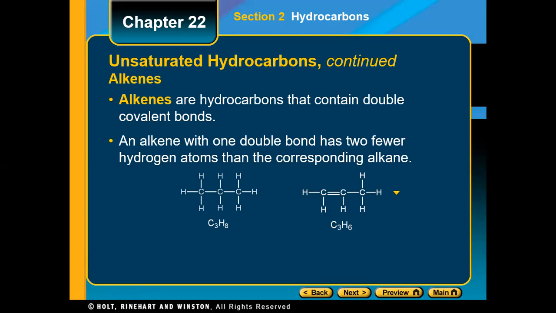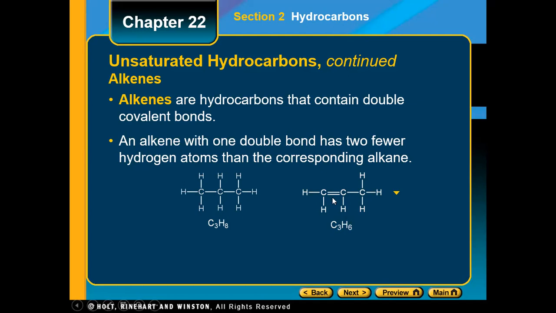Where were these two hydrogens taken from? From the two carbons that are sharing the double bond now. Imagine that this bond here breaks off, it splits, and then you would have up here this available bond, and this bond would be available up here with a hydrogen.